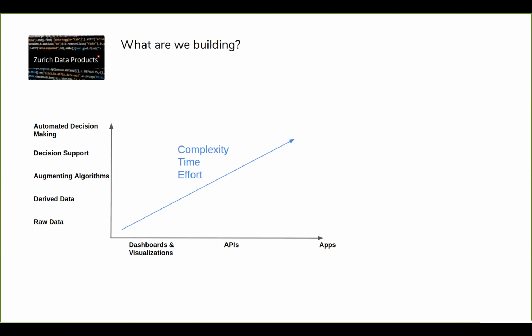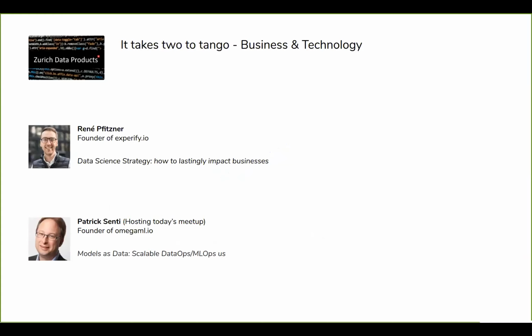And so, when you're building a data product of some kind, you will ultimately have to make a decision on what you're building and to what extent you want to provide that. And this simple graph may help you have a guidance on where you stand. And obviously, once you start doing that, you will have to think about both business and technology, right?